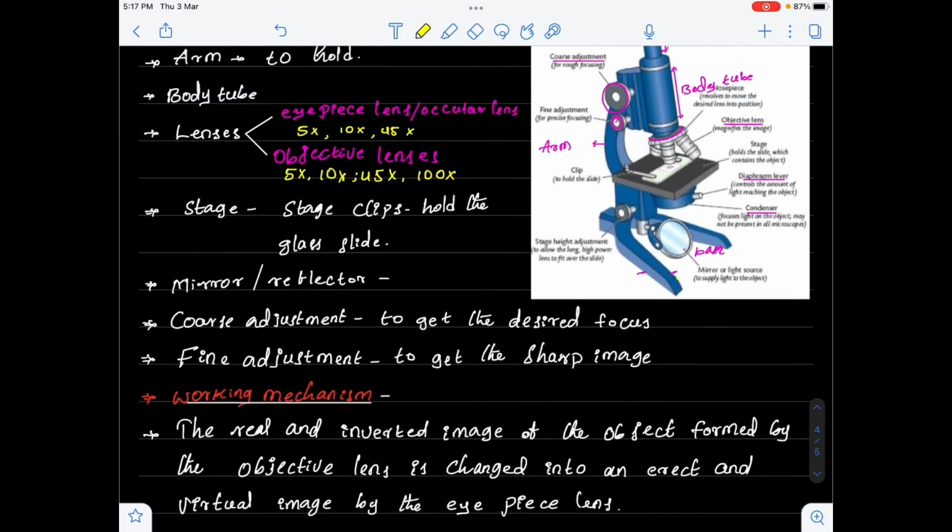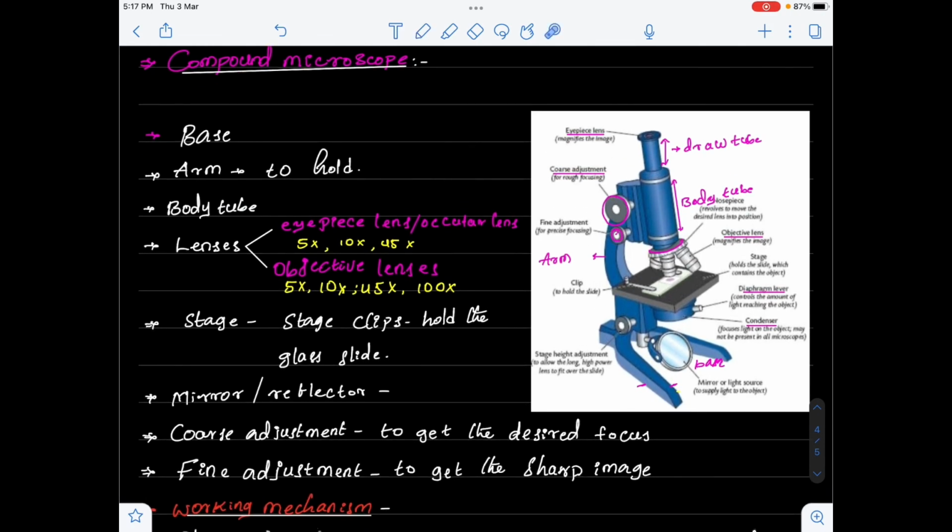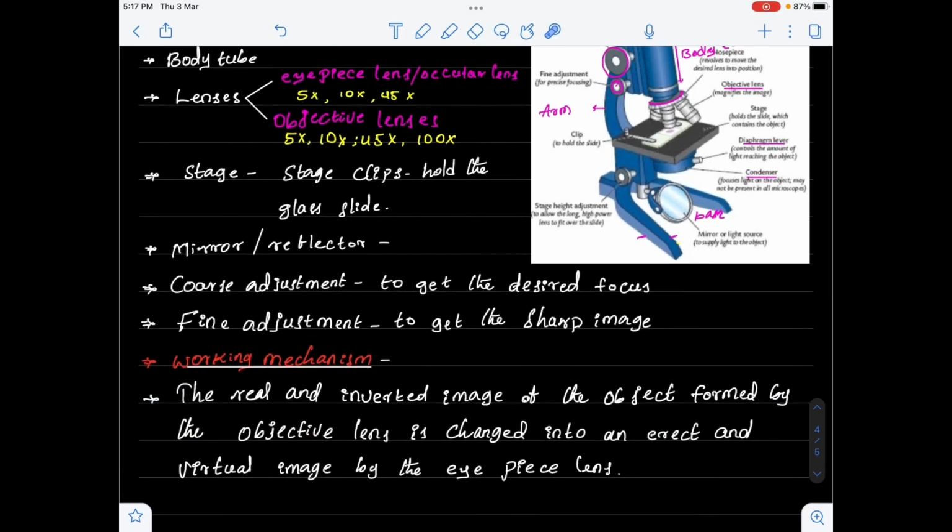So this is about the structure of the compound microscope and its working mechanism.